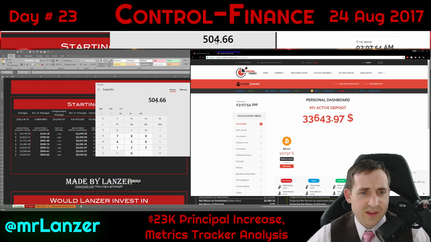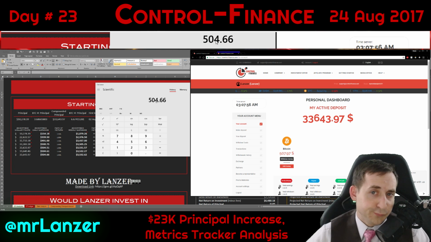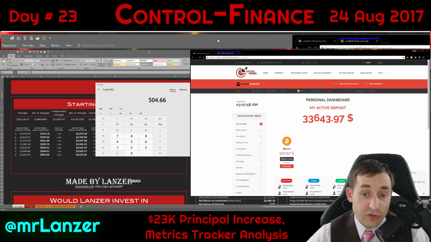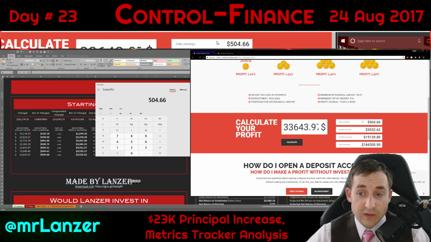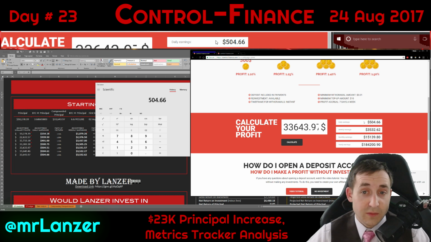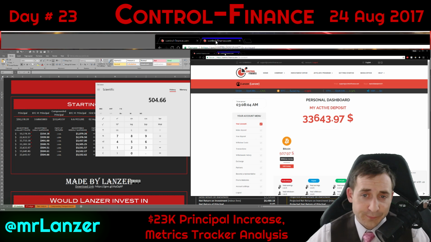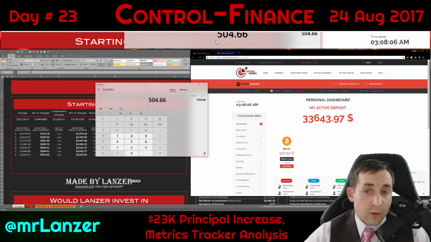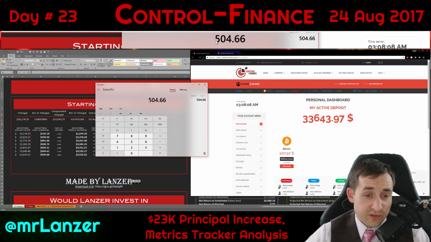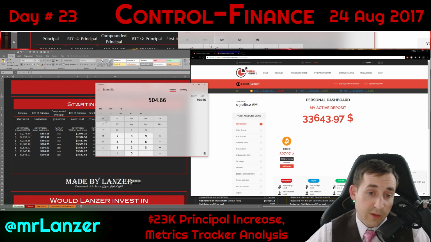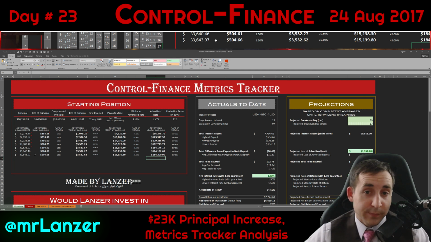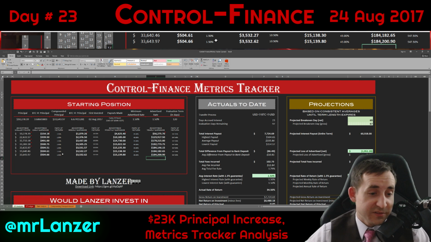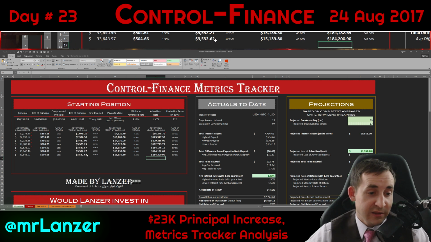Just some transactions, it adds a penny, I suppose, to reflect the actual amount that it says you should be earning daily. Not sure why the ledger says it's 504.65, but okay. Moving on. 504.66 is what I should be getting daily.